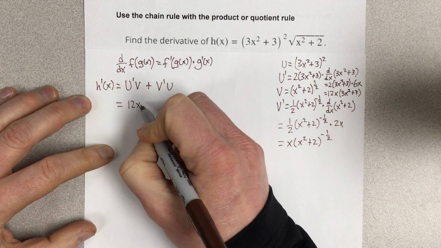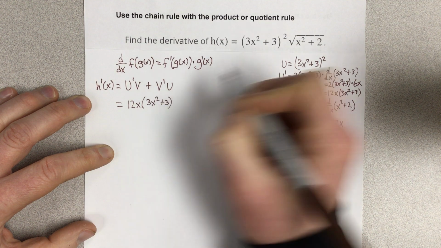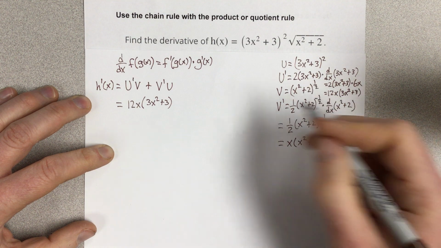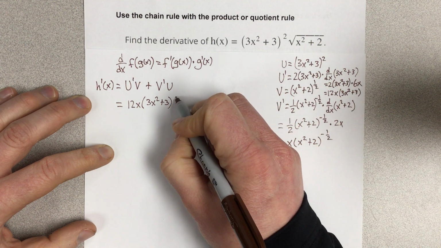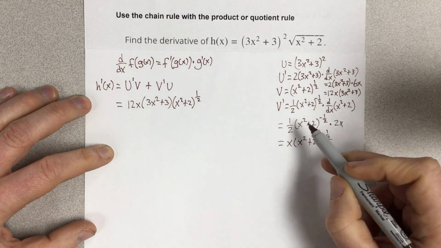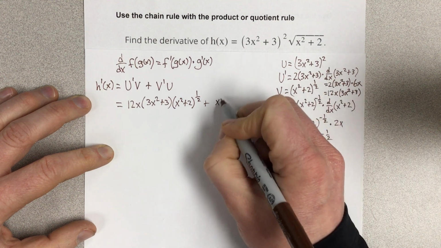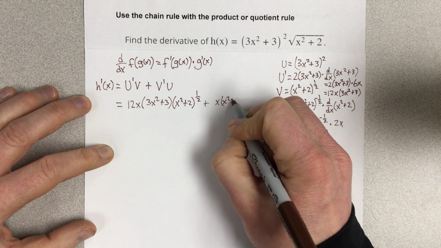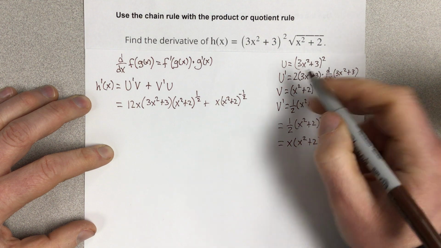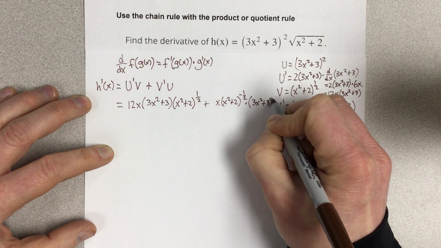So we have 12x times (3x squared plus 3), multiplied times v, which is (x squared plus 2) to the 1/2 power. And then plus v prime, which is x times (x squared plus 2) to the negative half, times u, which is (3x squared plus 3) squared.